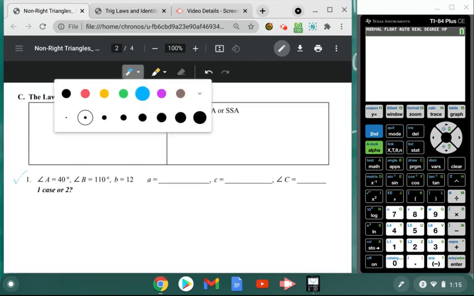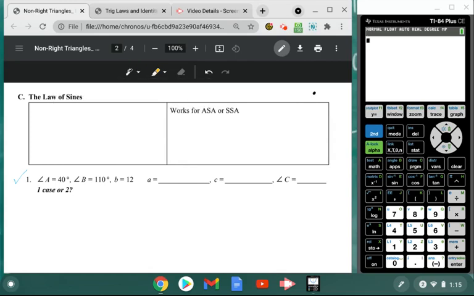For the law of sines, we put it together this way. We have the sine of angle A over side A, whose ratio is the same as the sine of angle B over side B, same as the ratio of the sine of angle C over side C. It works for these two cases: angle, side, angle in order, or side, side, angle.